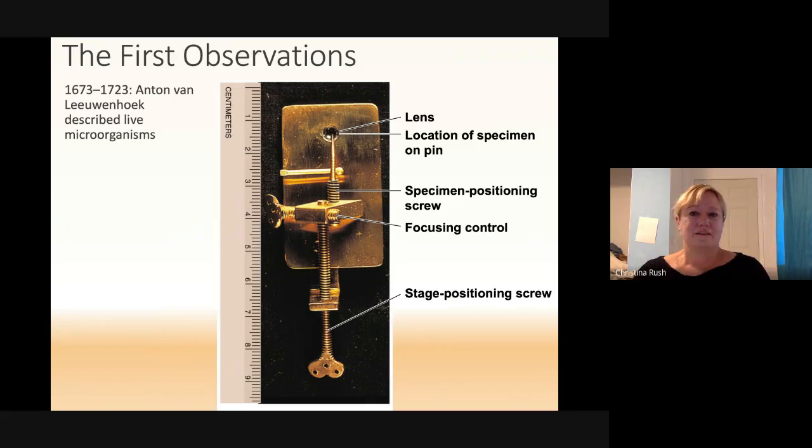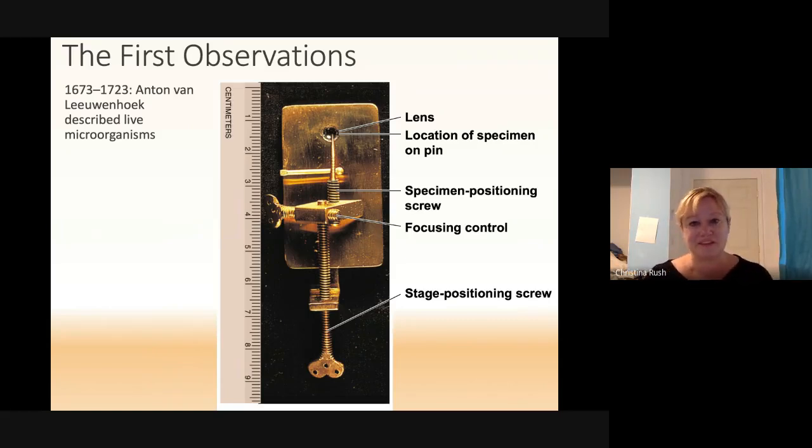Okay. So the first observations, we're going back to 1673. We have Anton van Leeuwenhoek, and he's describing live microorganisms. The way that he was describing them really had to do with what he could see. This is his microscope. I'm pretty sure everyone in here has seen a microscope, even if you've never used one before.